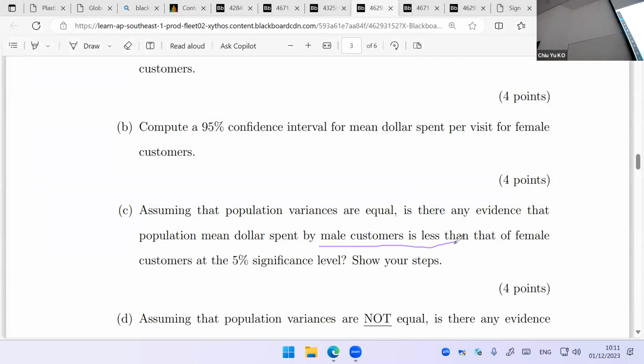Or is it equal or not equal? It gives you directly. Basically, we want to see evidence to say this. So that's why this is usually x1. The reason is you don't care if it's more than, so you only care about less than.